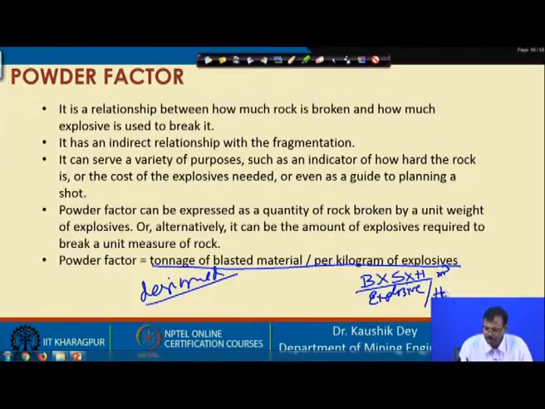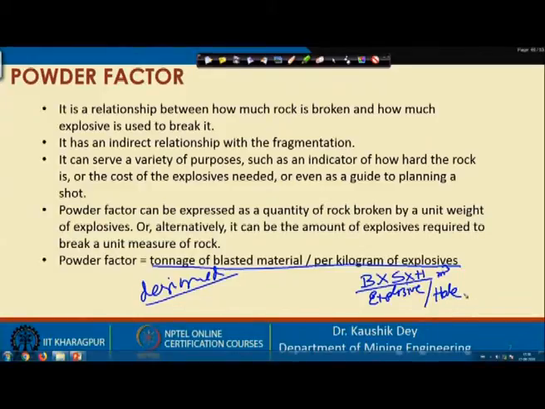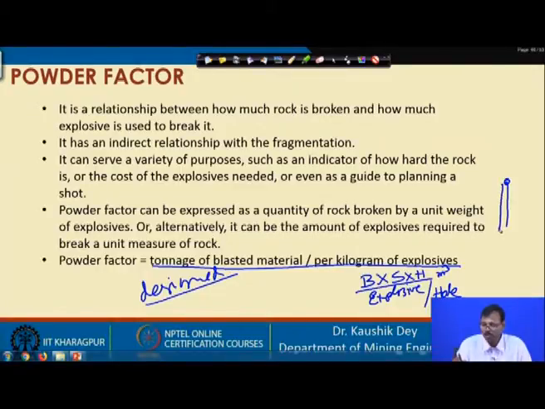in that particular hole. So, basically, if this is the hole and this is the burden, then up to this the explosives are placed.